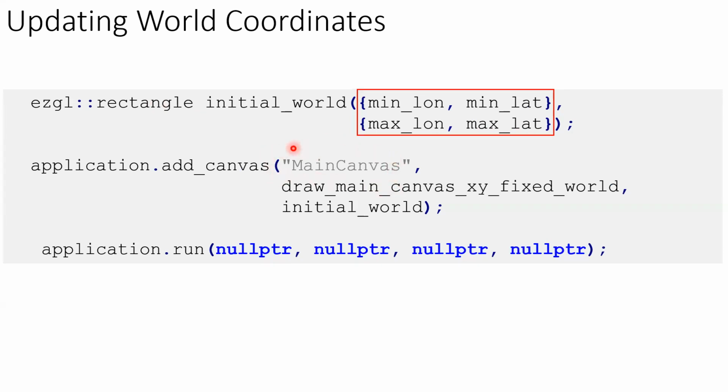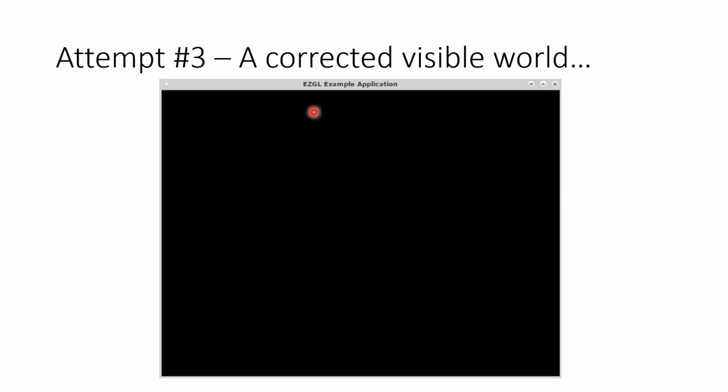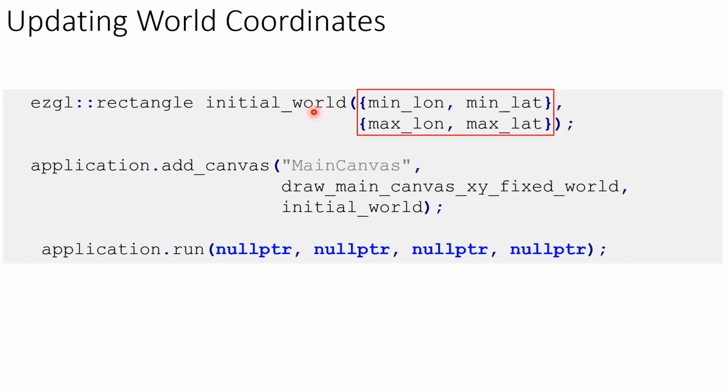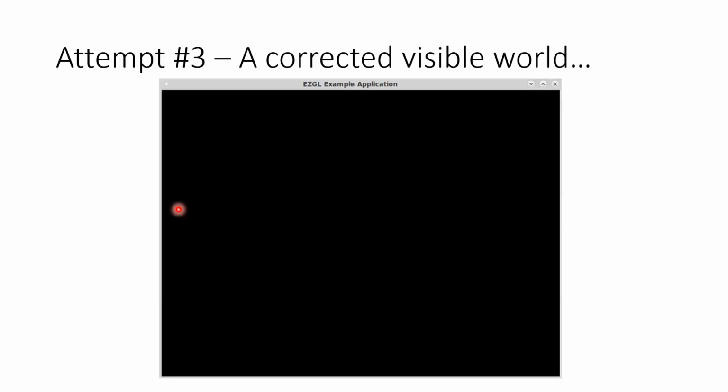And then we do the add canvas with this new initial world, and we draw, and we use the same draw main canvas function. And we will get this. So we're zooming into that dot that we just saw.